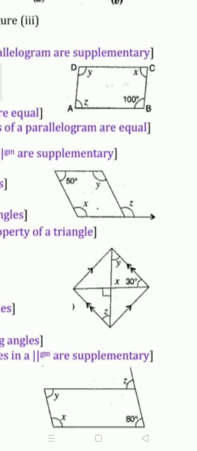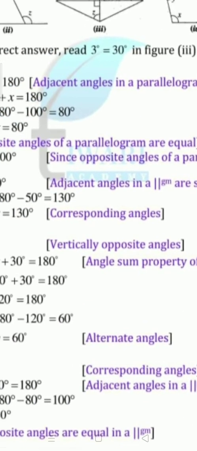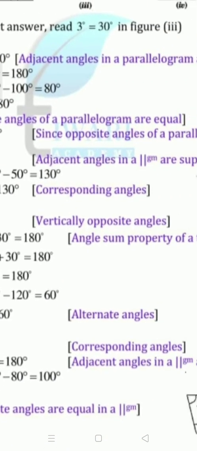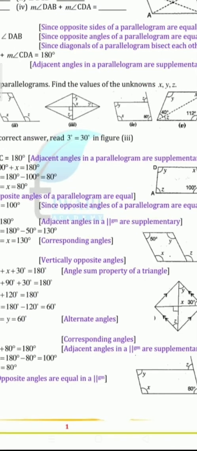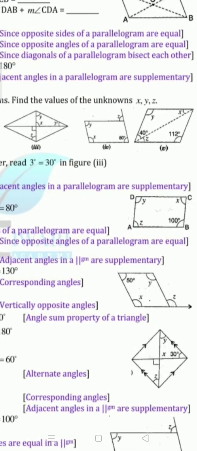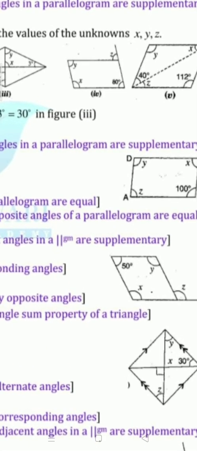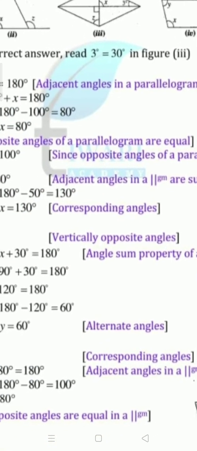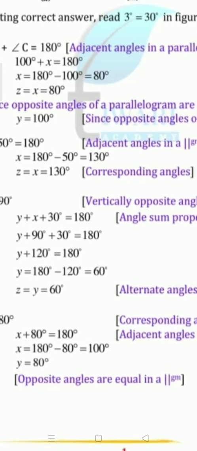Secondly, you can take any two adjacent angles, one is 50, another you can take x, or if you want you can take y. Over here I have taken x, so 50 plus x is equal to 180 degrees. Adjacent angles are supplementary, so you will get x as 130. Now x and y are again equal because they are opposite angles, so y will also be 130 degrees. Clear?